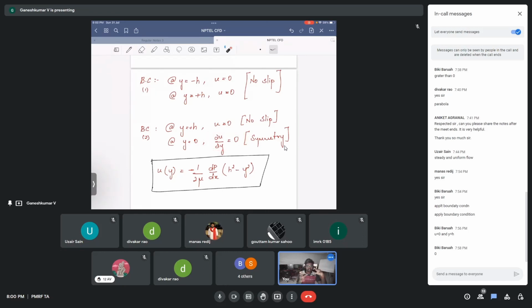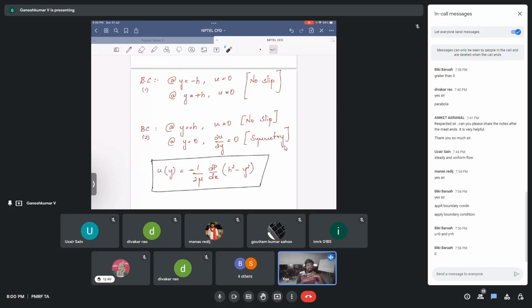As a set, it's a mixed boundary condition, because it has a Dirichlet and a Neumann as a set. But if you consider only this condition, it is a Neumann boundary condition, and this is a Dirichlet boundary condition. So as a whole, it is mixed. You are right. But only this is the Neumann condition, where we specify that zero gradient is there.